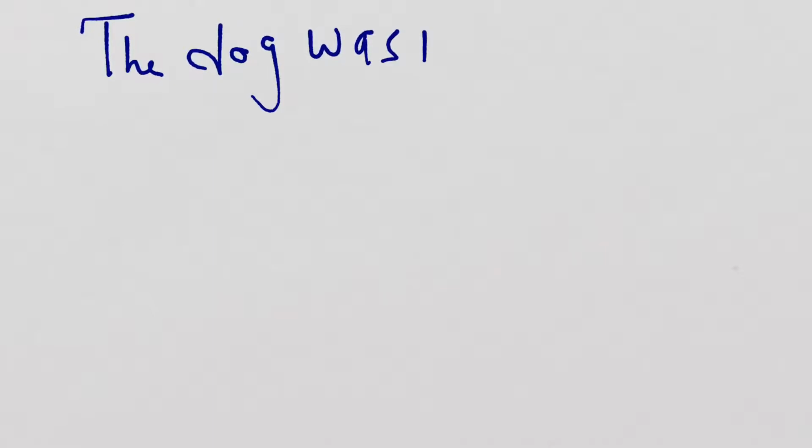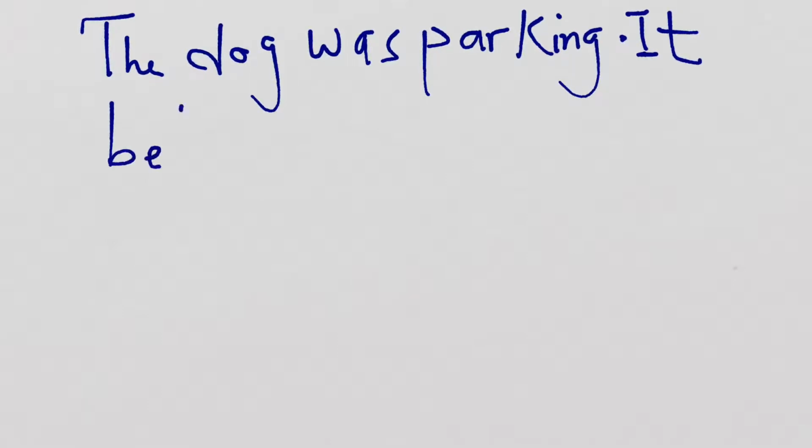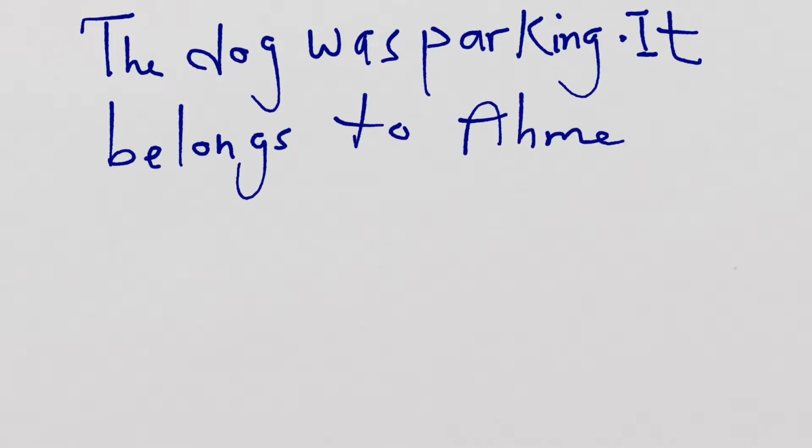One more example. The dog was parking. It belongs to Ahmed. Now look at the first sentence. We have the dog, and the repeated word is it, the pronoun it.